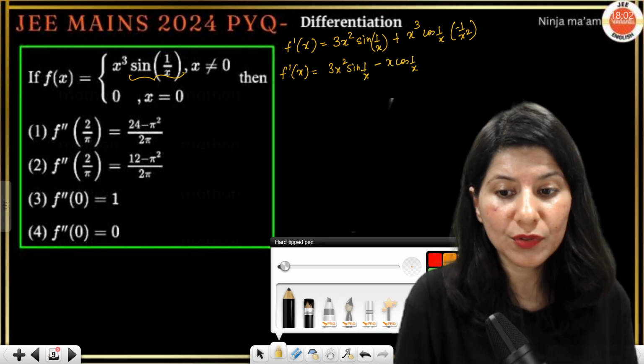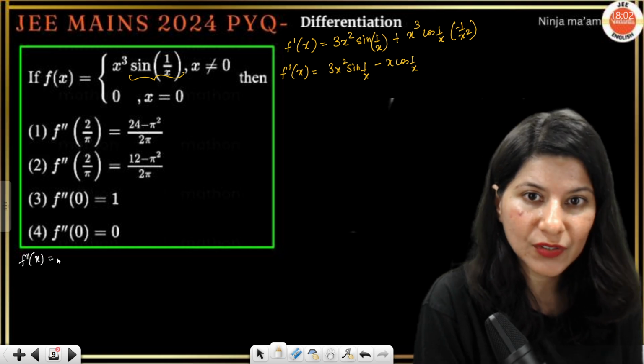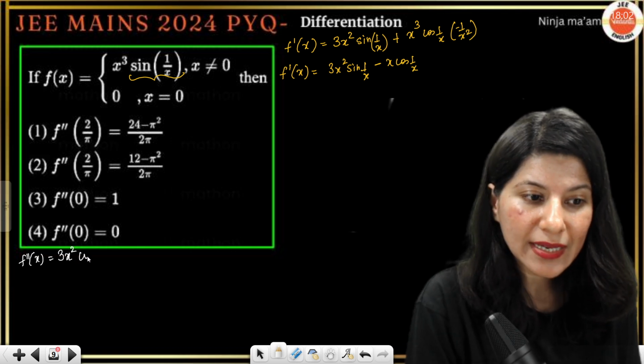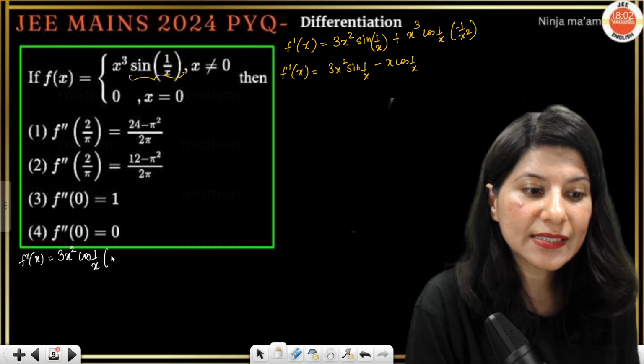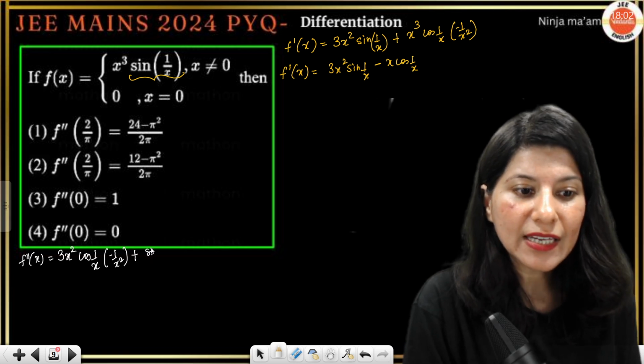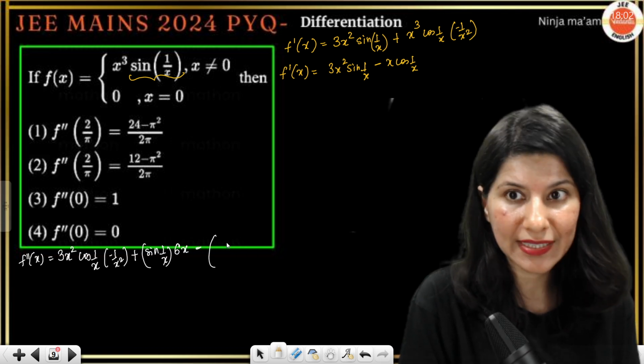Again, two product rule formulas will be applicable. Let me just calculate f double dash x right here. So 3x square is kept constant. Sine 1 by x derivative is cos 1 by x times minus 1 by x square. Plus this time sine 1 by x kept constant and 6x, minus. Now x cos 1 by x, correct?